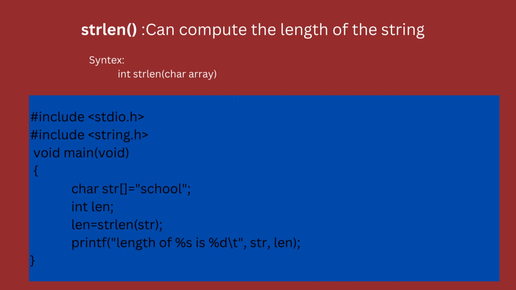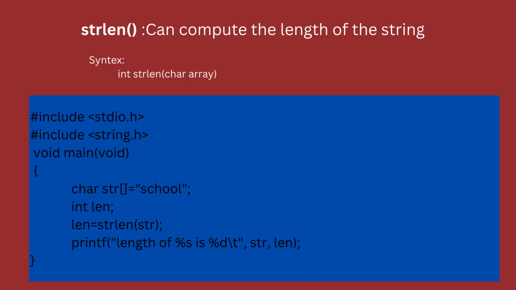Then we create one integer type variable to hold the return value, like len equals strlen, and we pass the character array, that means the string, the str variable. This function will return an integer value, that means 1 2 3 4 5 6. 6 is the length, so it will return the length of the string as 6.